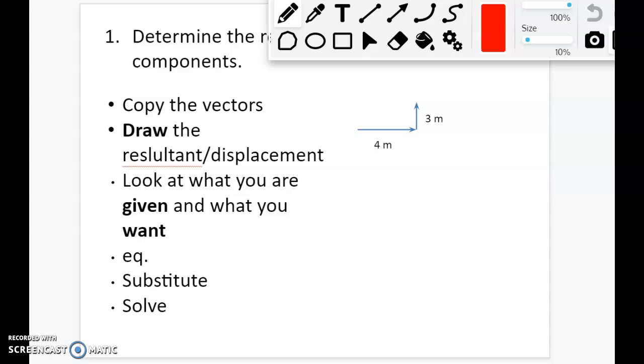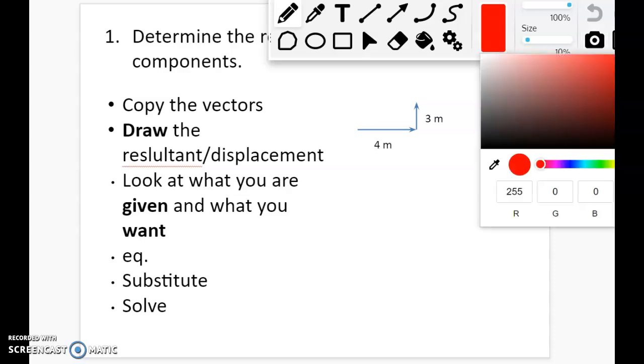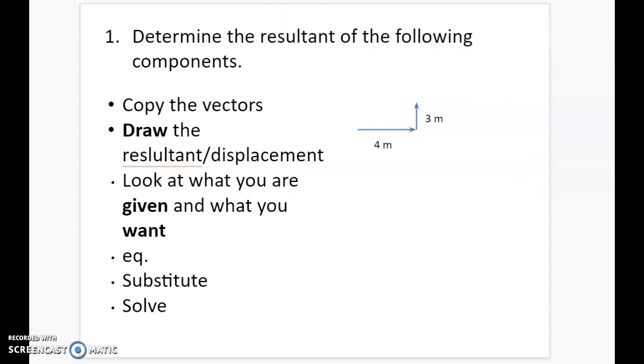And when I'm copying it, I want to make sure that it represents the same size and direction of those vectors. So when you're copying it, one arrow is going to the right, one arrow is going up. I'm also going to label them just as they are. One here is 4 m, and the m is meters, and one is 3 meters.